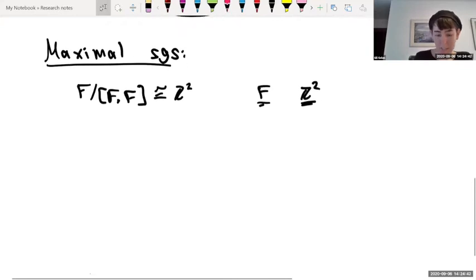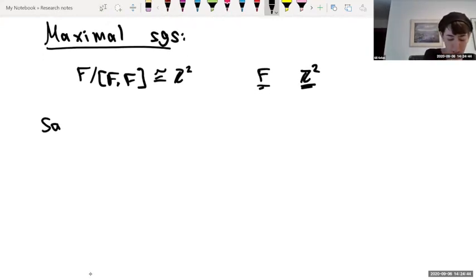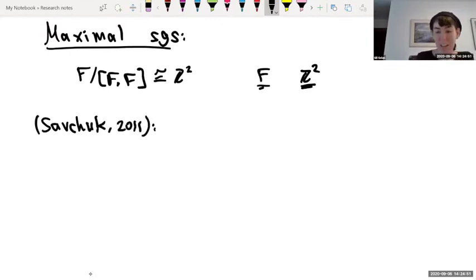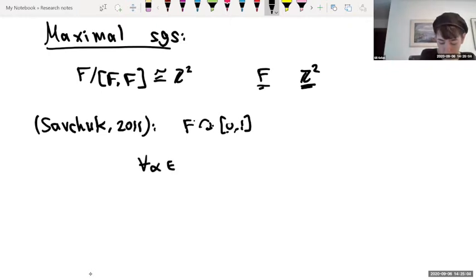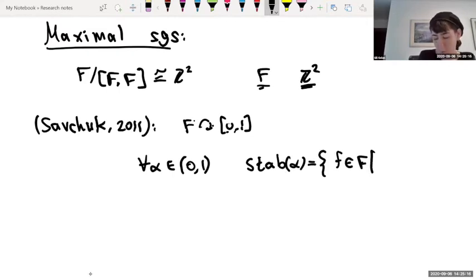So the first result is due to Savchuk from 2011. I think it was only published in 2015, but in any case, Savchuk said, if we think of F as a group of homeomorphisms of the interval 0, 1, then for any number alpha that we take in the open interval 0, 1, we can look at the stabilizer of alpha, which is the subgroup of all elements in F which fix alpha.